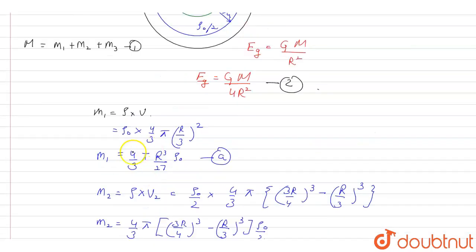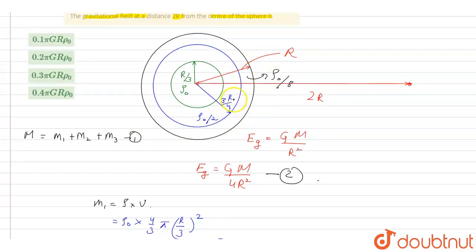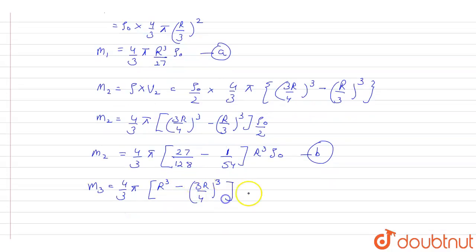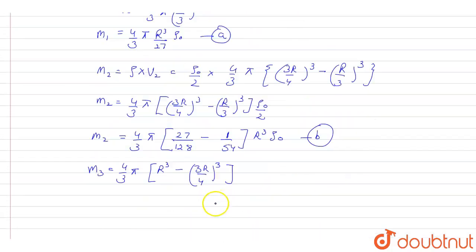Now with the similar method, I can calculate M3. For that, the radius will be r minus 3r/4, right? So therefore, M3 will be equal to 4/3 π [r³ minus (3r/4)³] into the density, which is ρ₀/8, right? For the outermost sphere, that will be ρ₀/8.